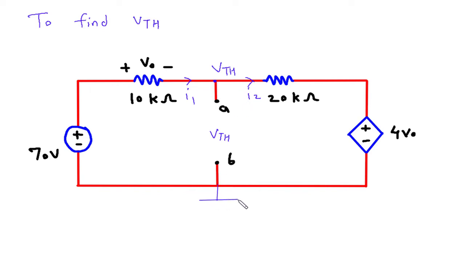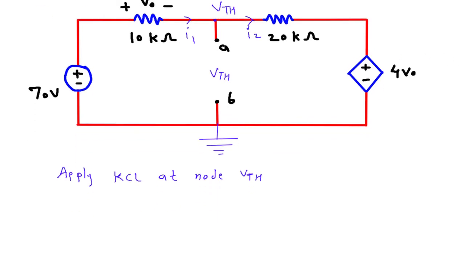This is ground. Now we will apply KCL at node VTH. So summation of all the entering current I1 is equal to summation of all the leaving current I2. So I1 is equal to I2.